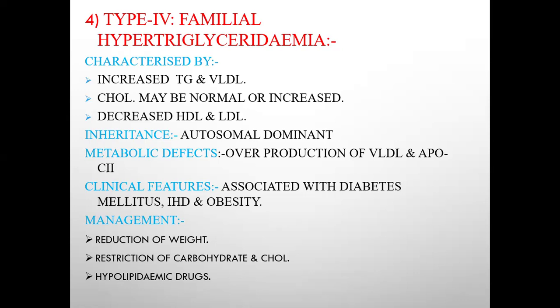The inheritance is autosomal dominant, and the metabolic defect is overproduction of VLDL and ApoC2. Clinical features include association with diabetes mellitus, IHD and obesity. Management includes reduction of weight, restriction of carbohydrates and cholesterol, and hypolipidemic drugs.